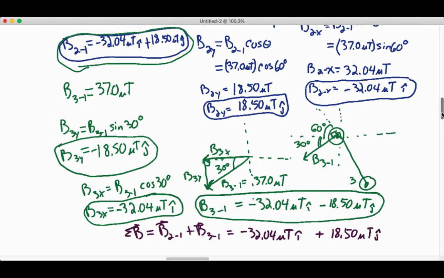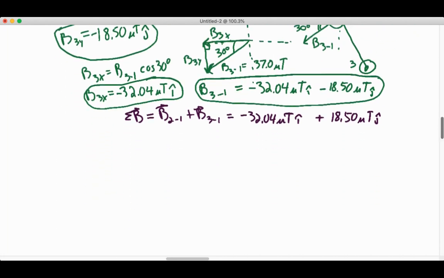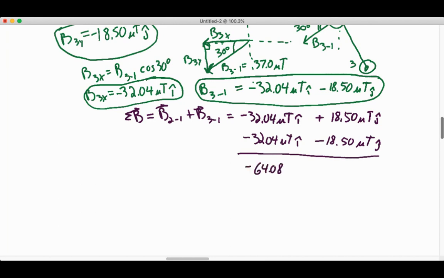And then I have to add the other guy. So when you're adding these guys, now I'm adding B3 on 1, you just add them right underneath. So minus 32.04 microtesla i hat minus 18.50 microtesla j hat. So when I add these guys together, I end up with minus 64.08, keeping an extra digit here, microtesla i hat, and the j hat components just cancel each other out. So these guys are all gone.